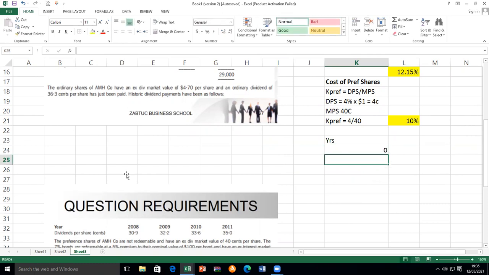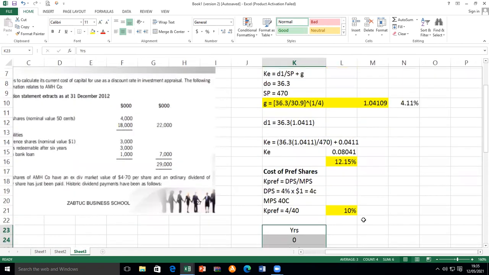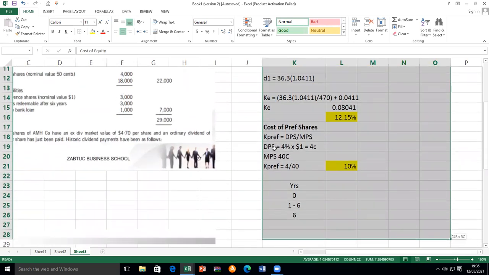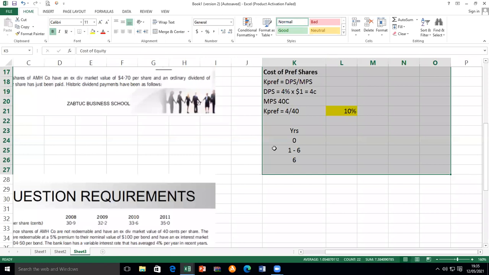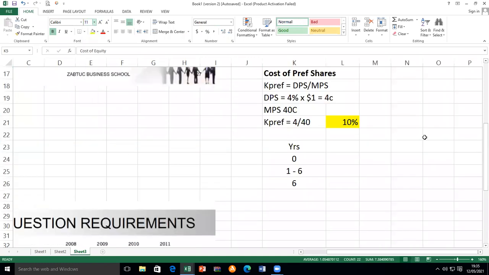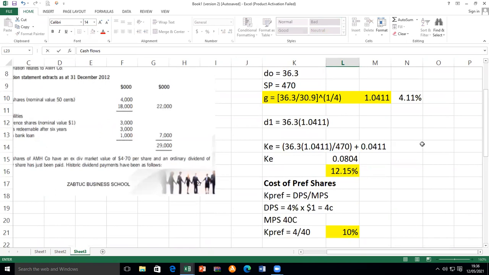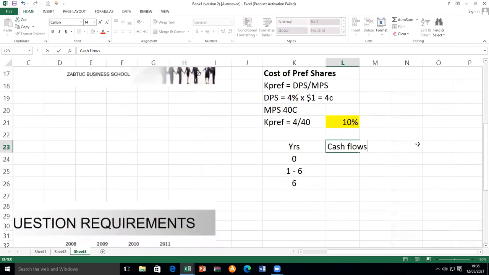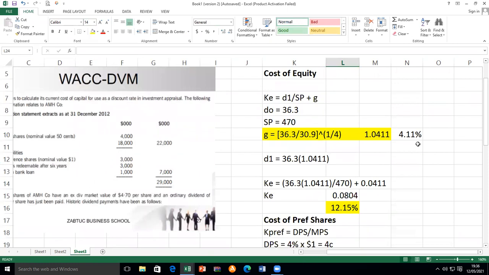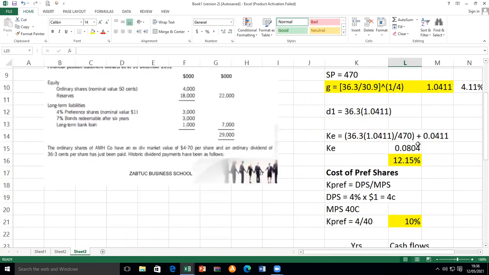Year 0, then we go to 1 to 6, then we go here to 6. The market value of the loan is how much? 104.5.